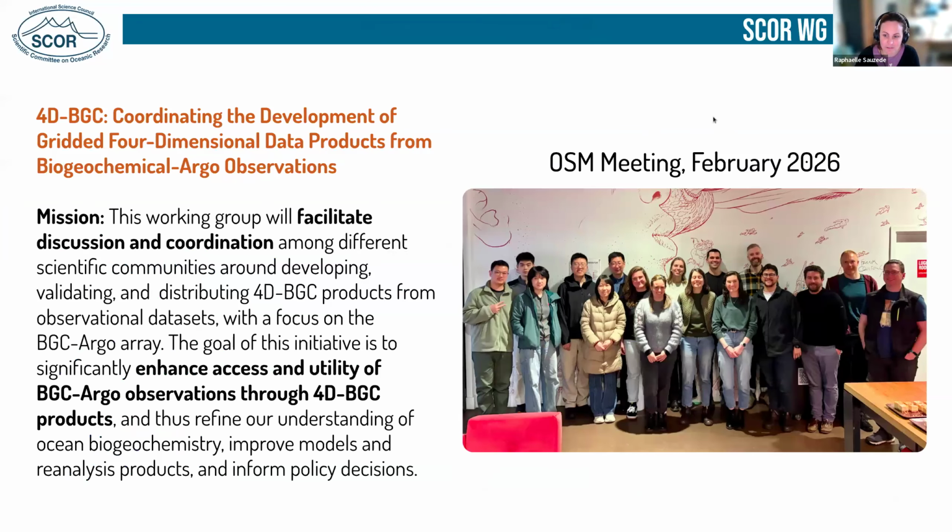So this working group aims to facilitate the discussion and the coordination among different scientific communities around the development, the validation, and the distribution of the 4D BGC products from observational datasets with a focus more on the BGC Argo array. So the goal is to significantly enhance access and utility of BGC Argo observations through the 4D BGC products.